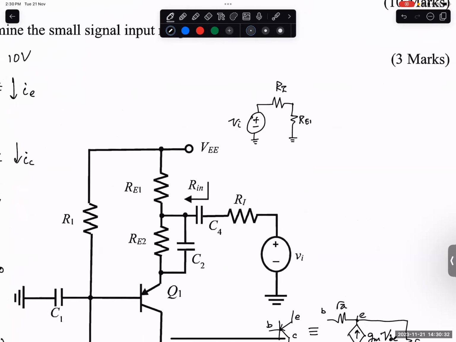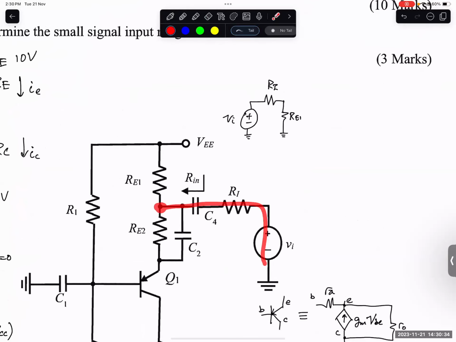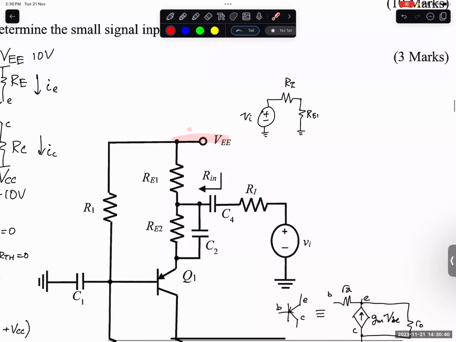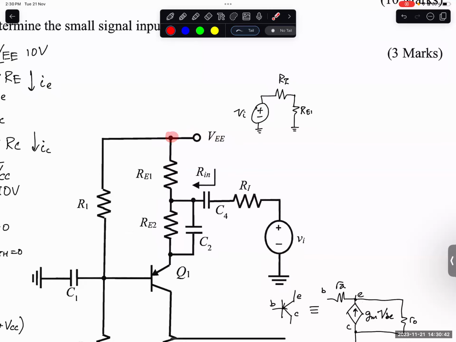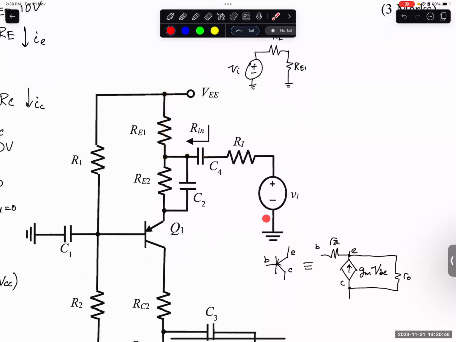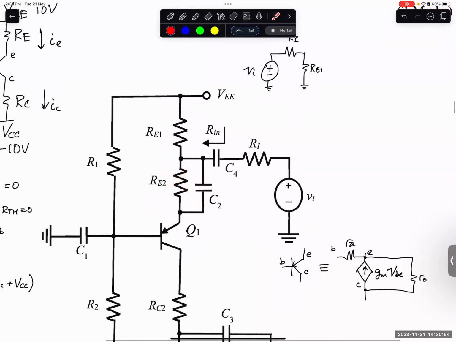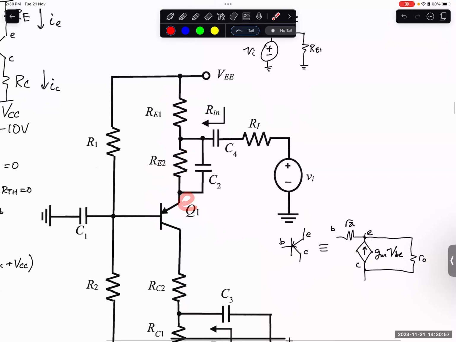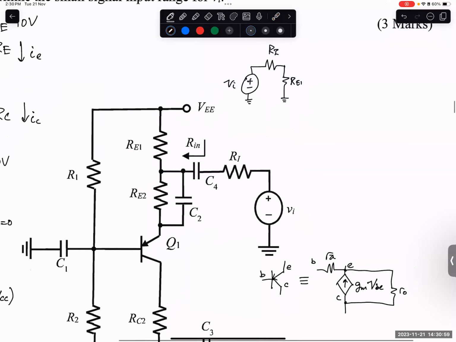What I see here, I can look at the left first. We short all the independent sources, so here is all to ground. What we see on the other side is the emitter side. Because it's shorted through here, this one we can ignore, so we go straight up to E immediately. So here we go to the emitter.